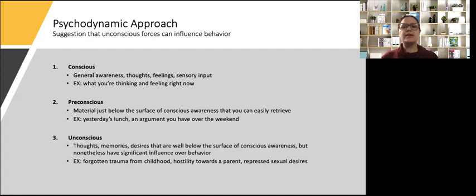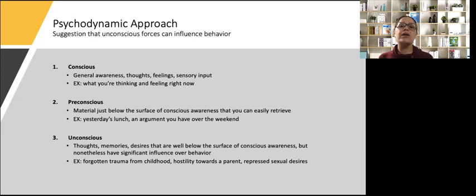And finally, he talks about the unconscious. So he largely attributes our personality and what motivates your behavior to this level. He's going to argue that the unconscious influences you the most. This is what controls the majority of your behaviors. So these are thoughts, memories, desires that are well below the surface of what he calls conscious awareness.